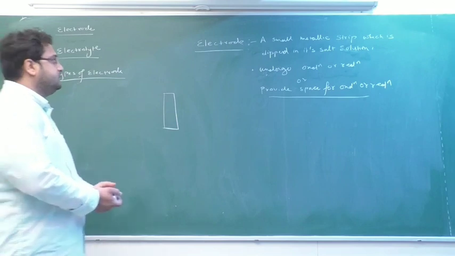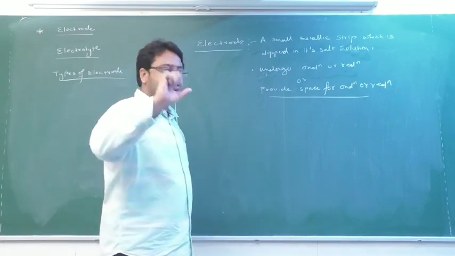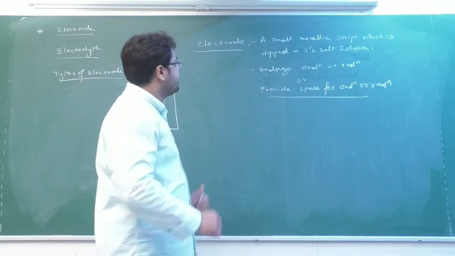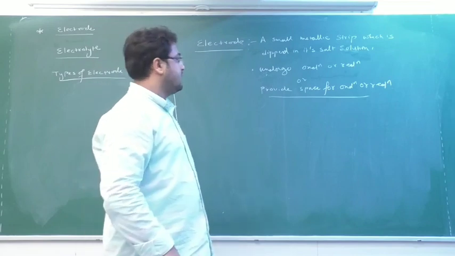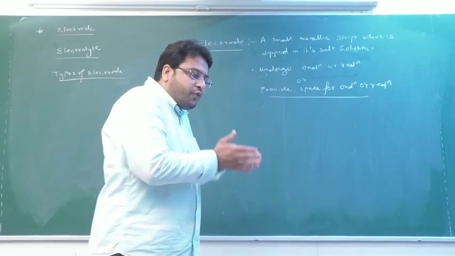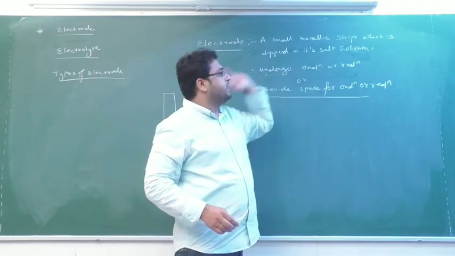I hope you have written it. So what do you mean by electrode? A small metallic strip, or it can be a very big strip also, dipped in the salt solution, and that strip provides a space for either the oxidation or the reduction reaction.